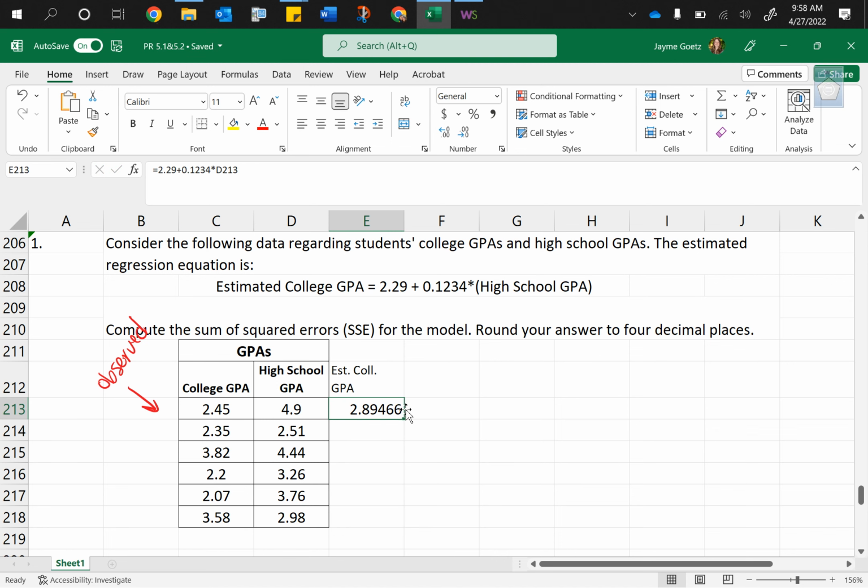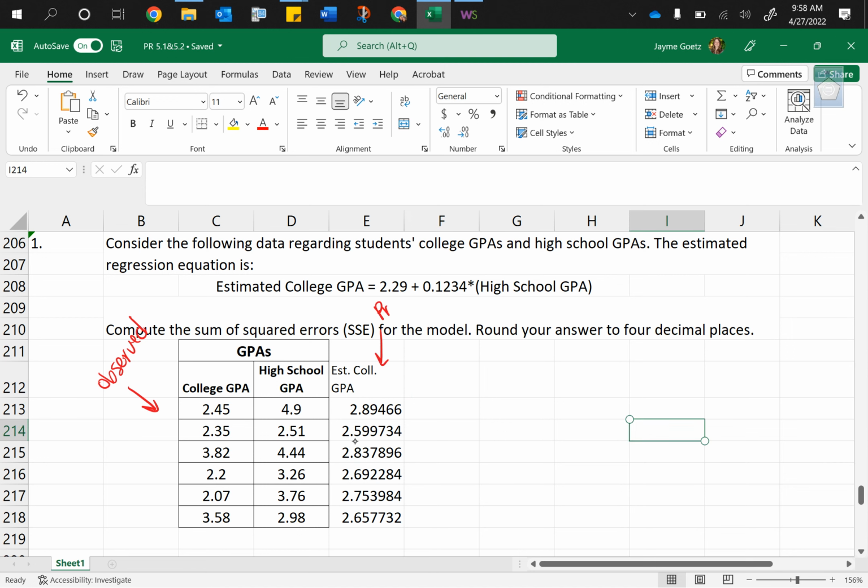Then we're going to drag it on down. Okay? That is your predicted. That is what we said. Okay, here is my formula. Based on that formula, if you have a high school GPA of 4.9, I am predicting that you're going to have a college GPA of 2.89, okay?